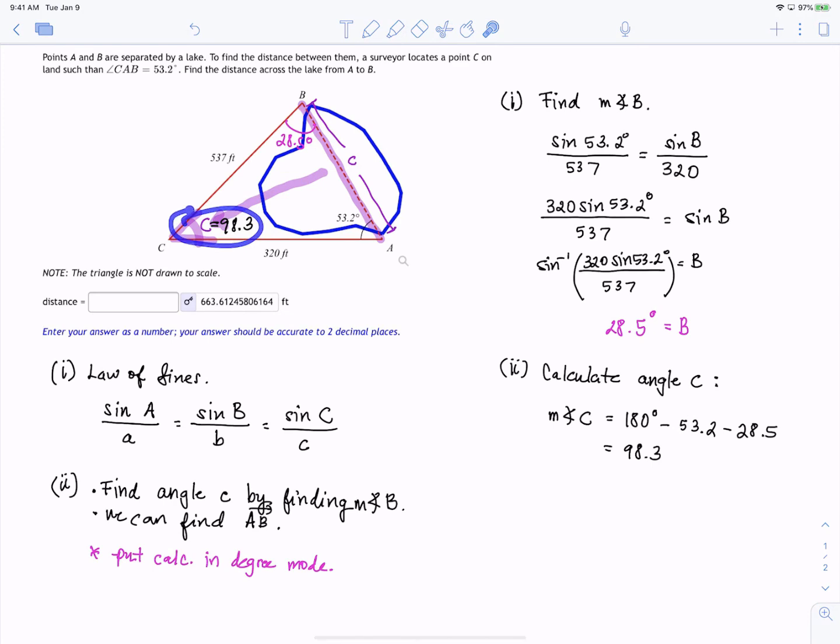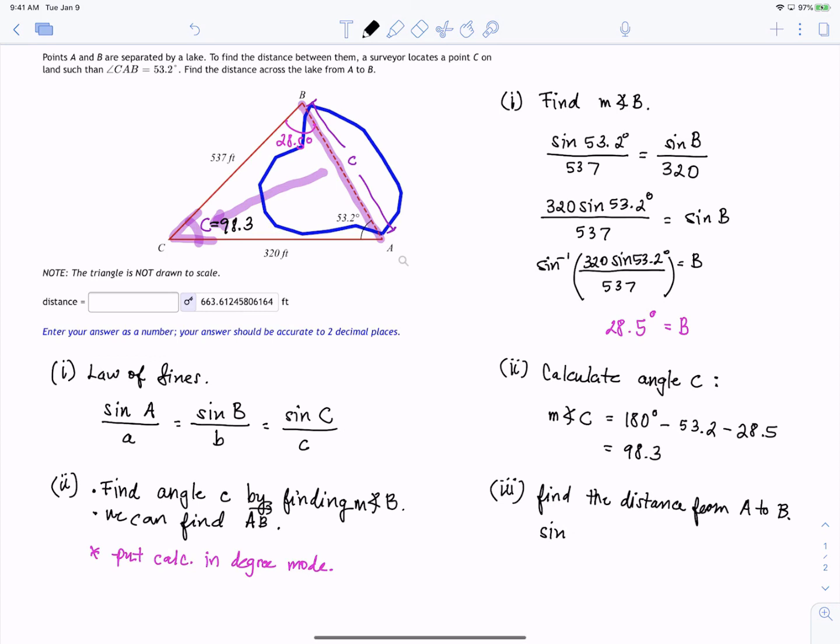Now I have angle C with the opposite side that we don't know the length of, and that was our goal. And we can use angle A and the opposite side, or we could use what we found in angle B and the opposite side. It's really up to us. But now we're ready. We finally can go ahead and find the distance from A to B. Okay, and that's simply just doing the same thing.